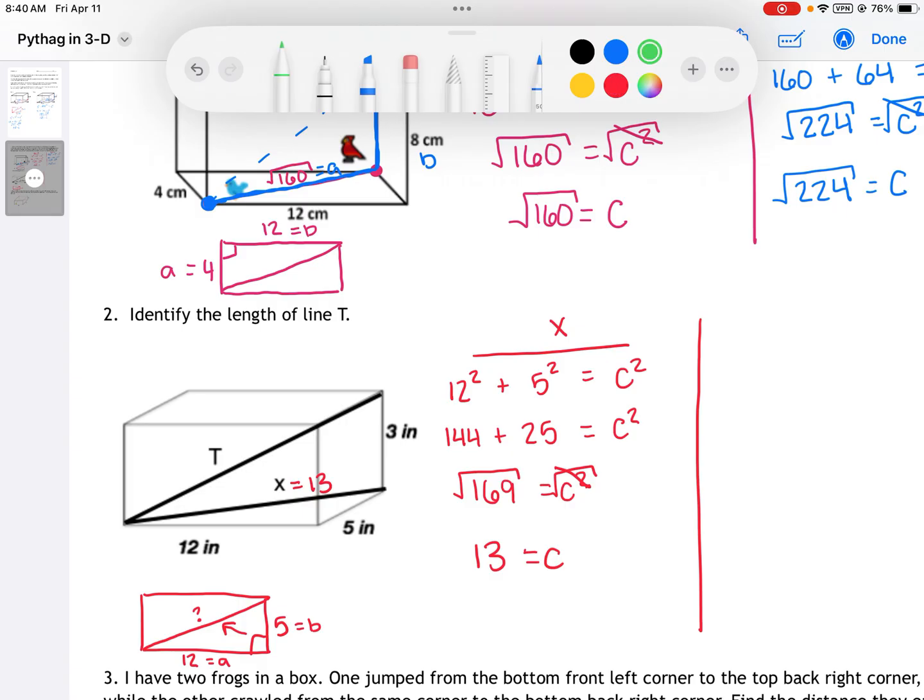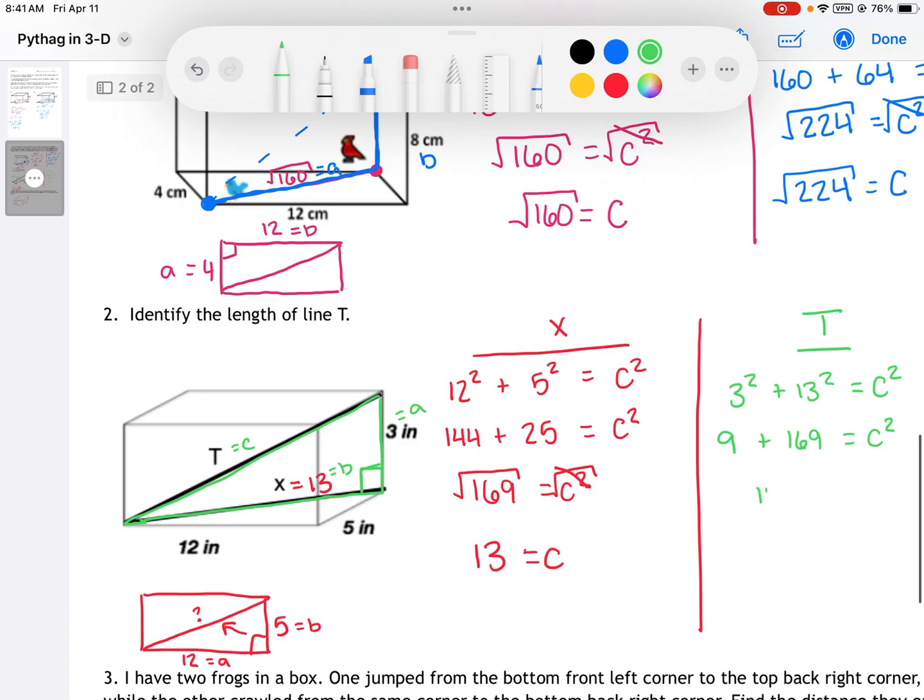Now we can use 13 to find T, because look, this is the triangle that we're going to make. Notice how we needed x in order to find T. So for T, my A is 3, I'll use 13 for my B, and C is what we're missing. So we've got 3 squared plus 13 squared equals C squared. 3 squared is 9 plus 13 squared is 169 equals C squared.